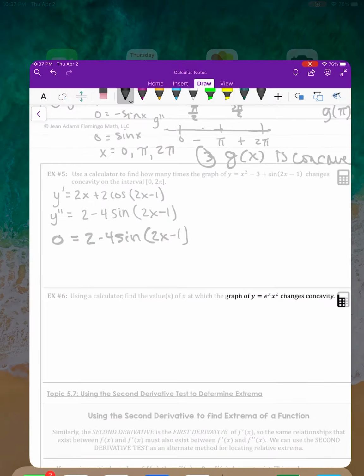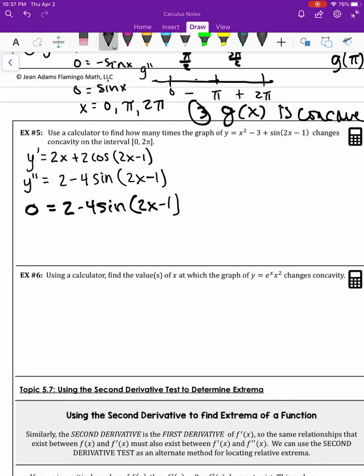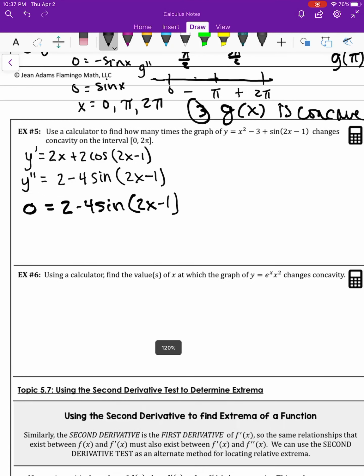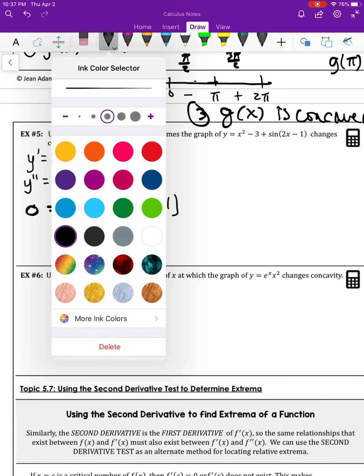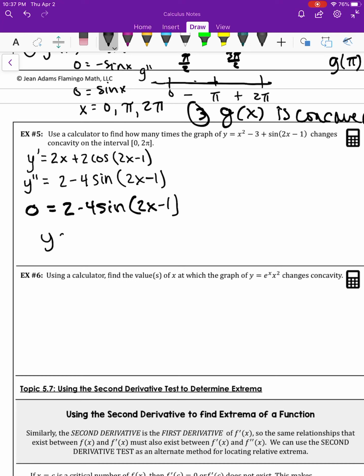And so if we go back to our notes here, we would say that y changes concavity 4 times in the 0 to 2 pi interval, okay?